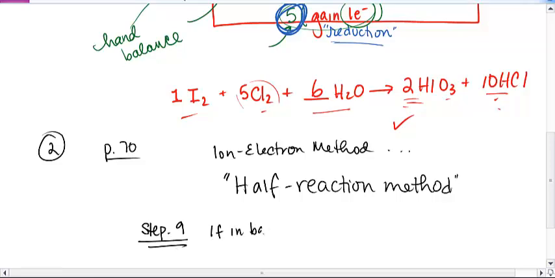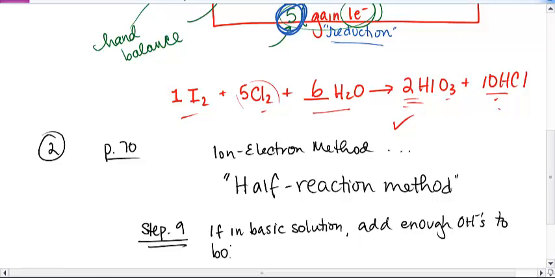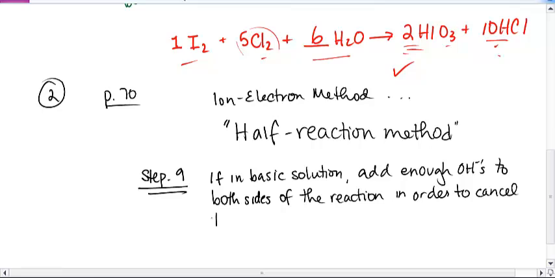If in basic solution, add enough OH minuses to both sides of the reaction in order to cancel the H pluses.